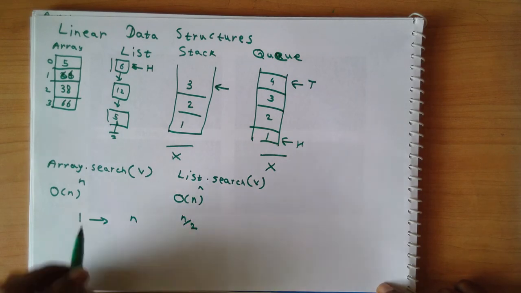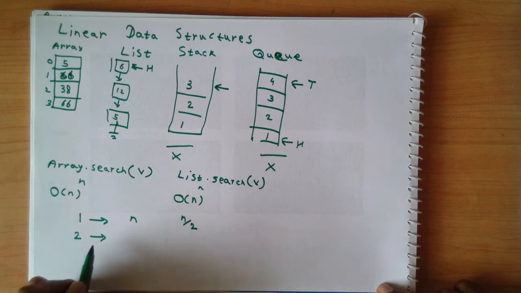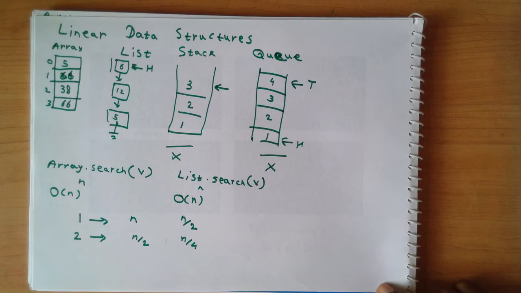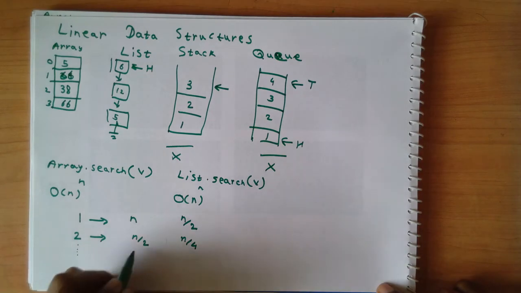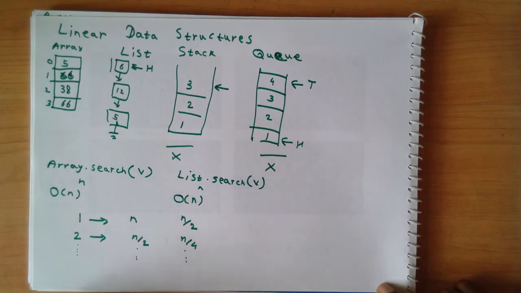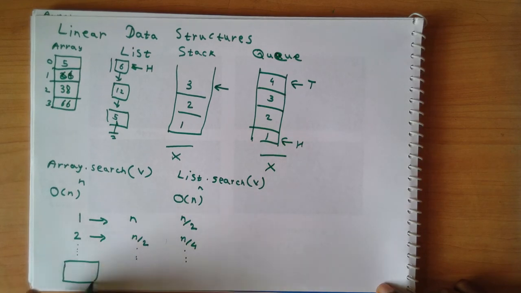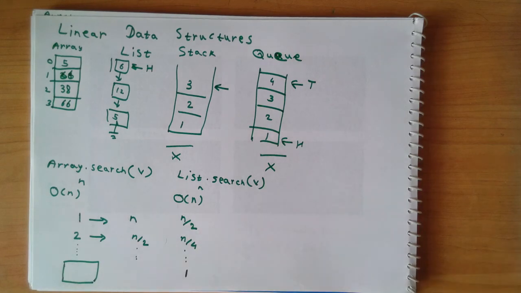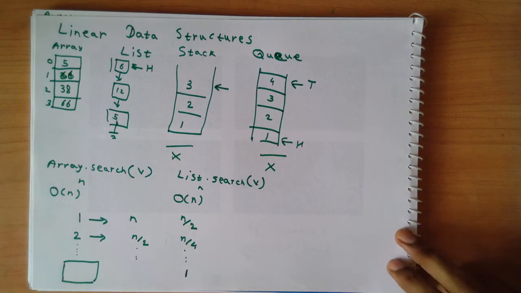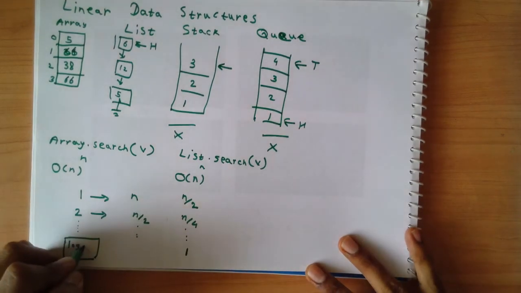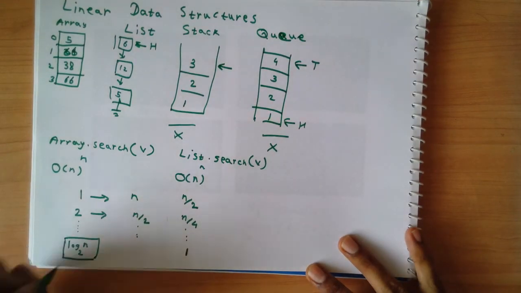I do a second operation and the problem size changes from n by 2 to n by 4. And after a certain number of operations, finally my problem size will become 1. Every time we are reducing the problem size by half, which means that this can go on for of the order of log n steps, log n to the base 2 steps.